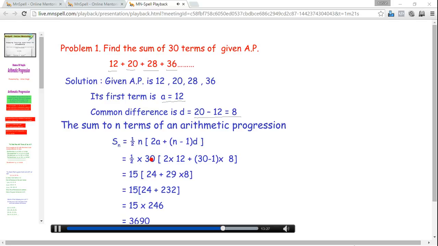If we plug in the values, n is 30, A is 12, so we get 2 times 12 plus (30 minus 1) times the common difference 8. If we simplify this, we get 15 times (24 plus 29 times 8). And if we calculate this, in the end we get the sum as 3690.